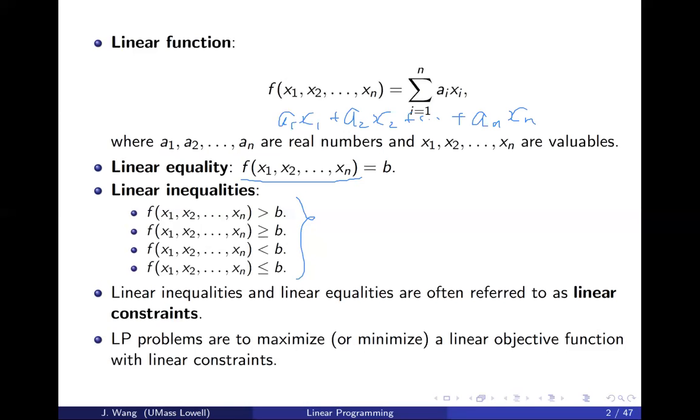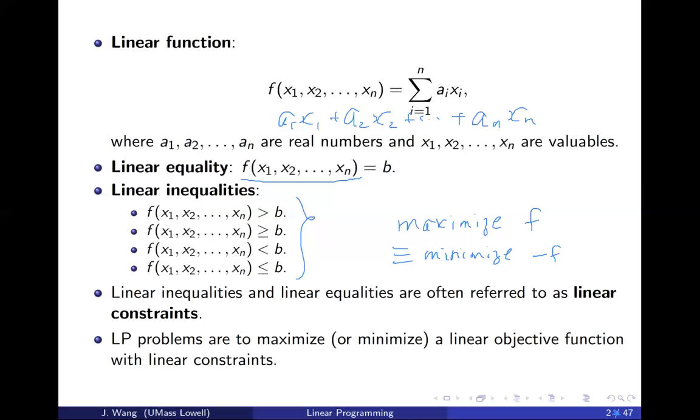And we also know that if we want to maximize a function f, it is equivalent to minimize negative f.